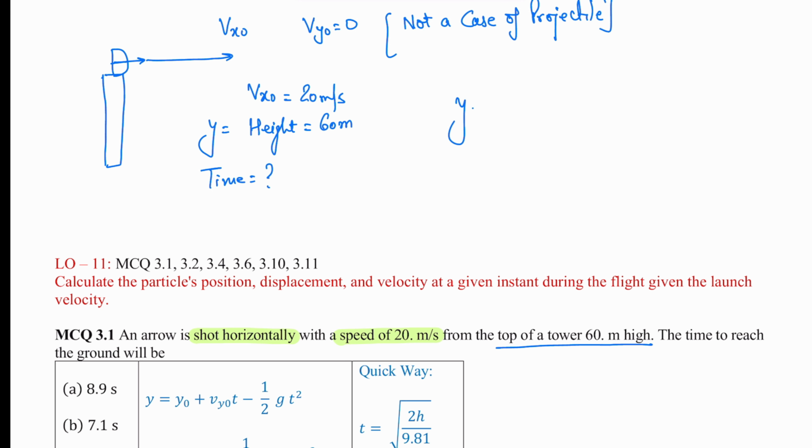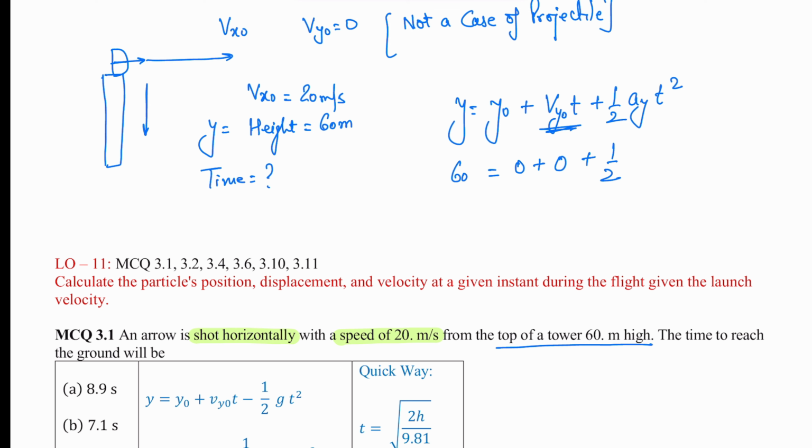So can I say y is equal to y naught plus vy naught t plus half ay t square. Your height is 60, which is equal to 0 plus initial velocity is 0 plus half. Where is it going? It is going downwards.